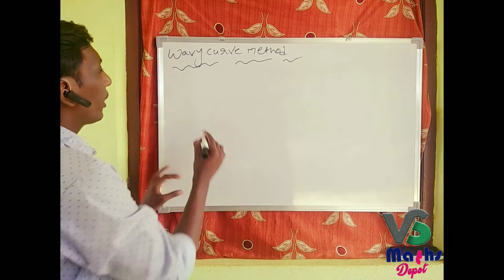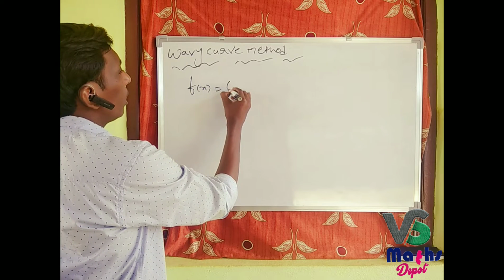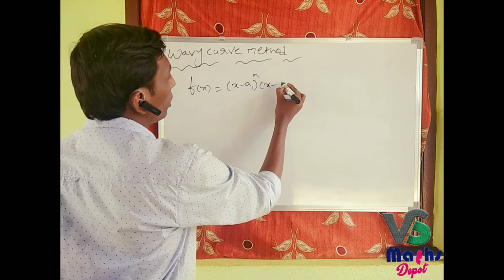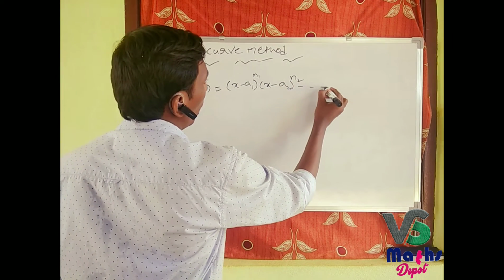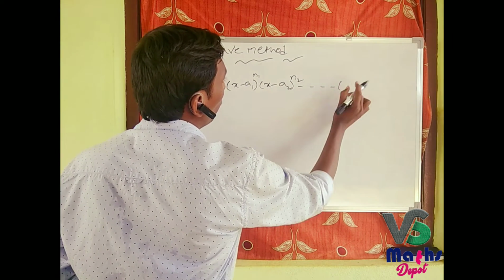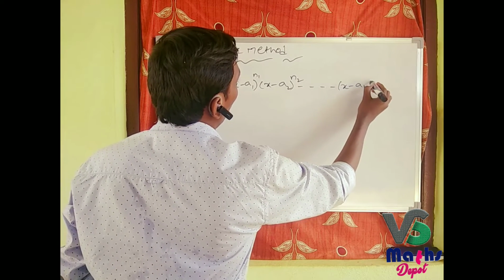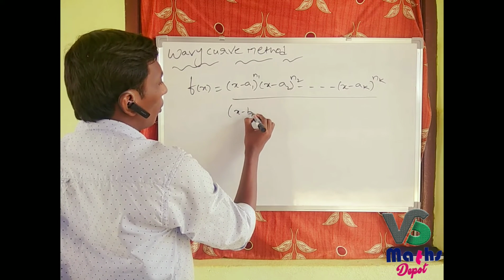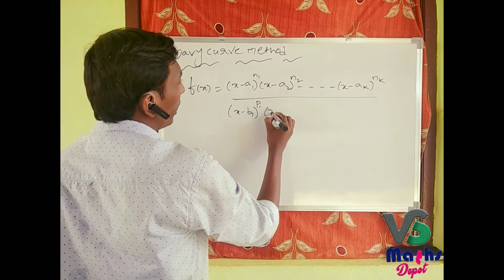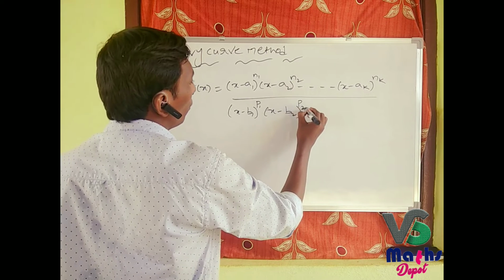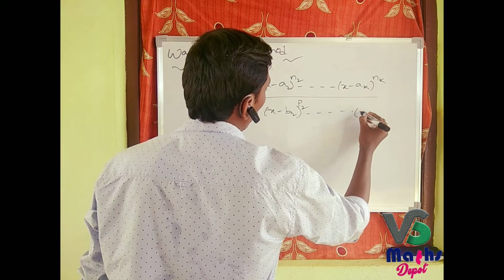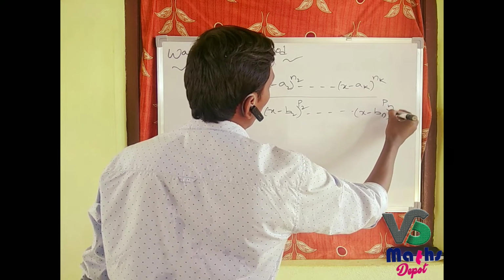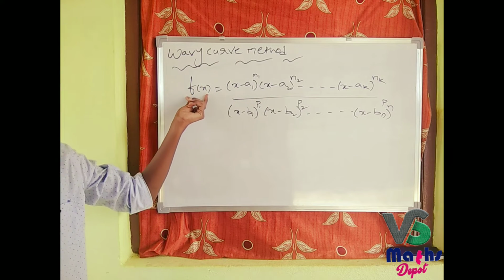Suppose f of x is equal to (x minus a1) power n1, (x minus a2) power n2, and so on up to (x minus ak) power nk, divided by (x minus b1) power p1, (x minus b2) power p2, and so on up to (x minus bn) to the power pn. This is the given function to us.